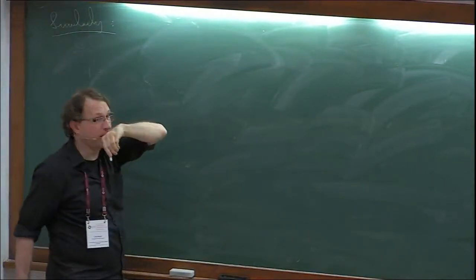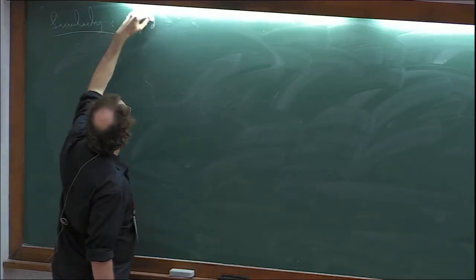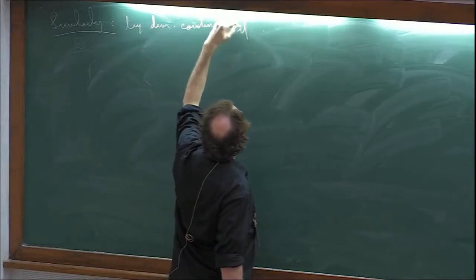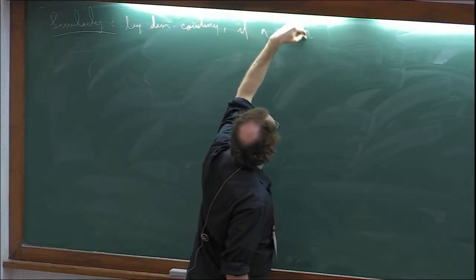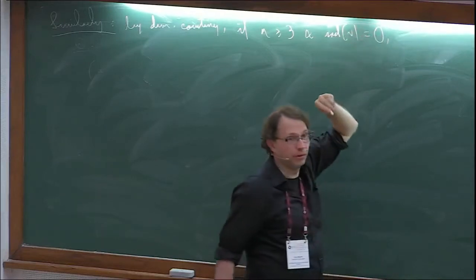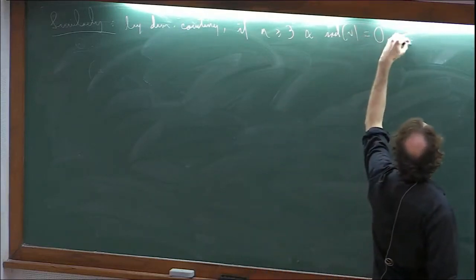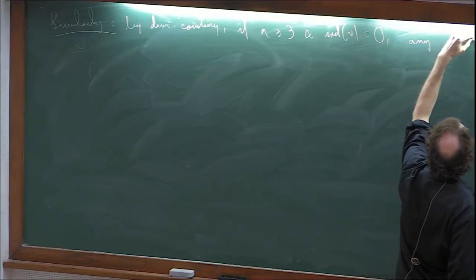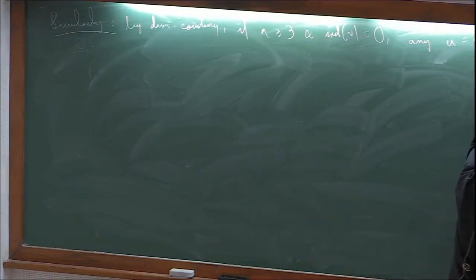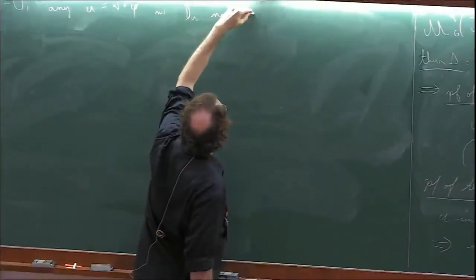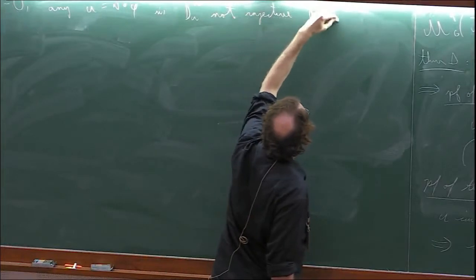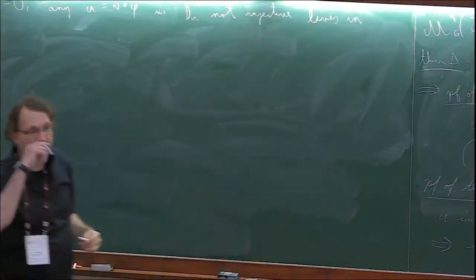You can similarly show by dimension counting that if n is greater than or equal to 3 and index of V equals 0, then any branched cover V of phi with du of n not injective lives in a stratum of negative dimension.